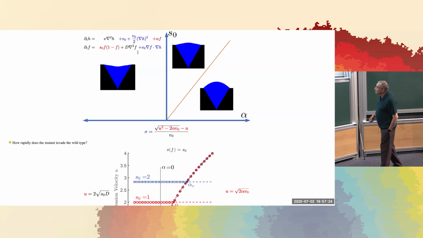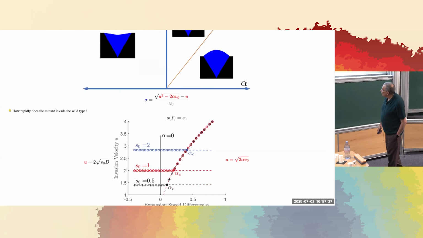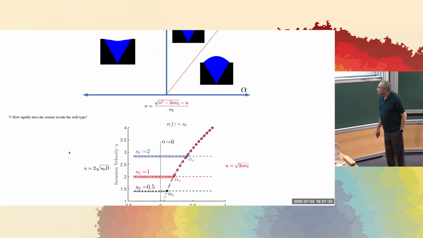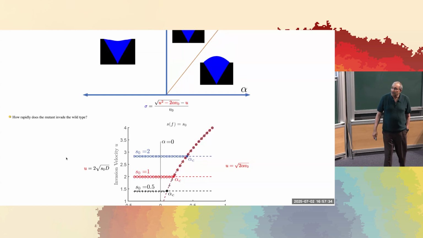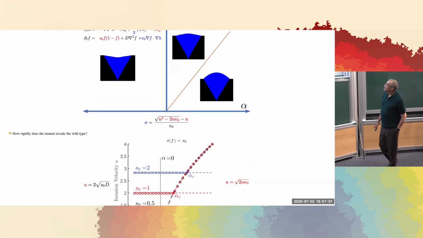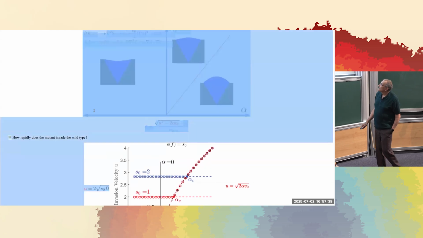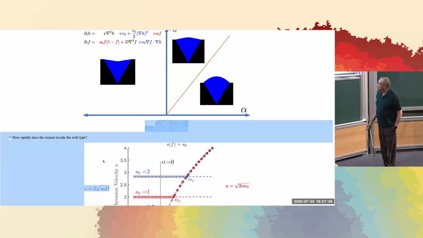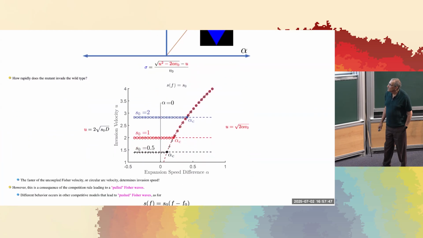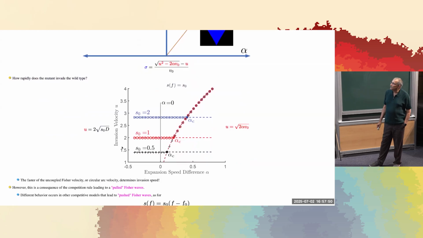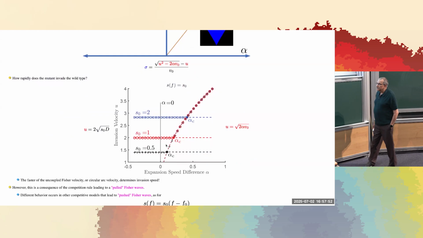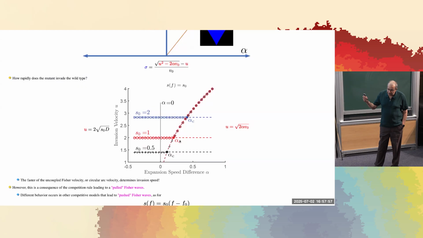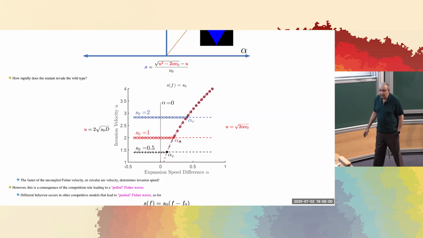So there is a lot of work on the Fisher-Kolmogorov equation, telling us that the speed of the front of the Fisher-Kolmogorov equation depends on these two parameters, S0 and D, according to this square root combination. And what we find is that in one regime, we are given a speed completely by the Fisher equation, in one regime completely by this geometric construction.